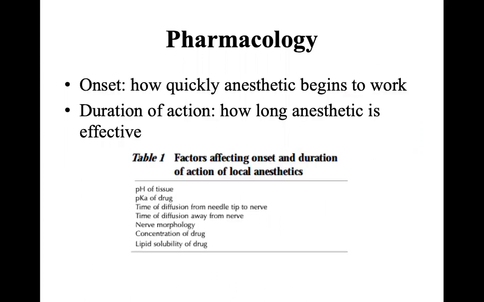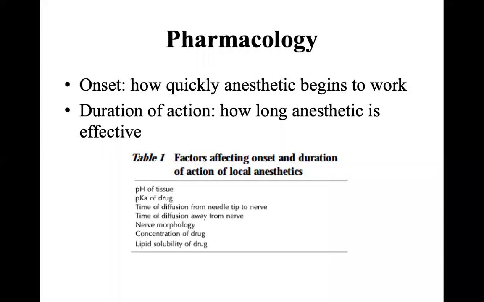A couple of terms: onset is how quickly an anesthetic begins to work, and duration of action is how long an anesthetic is effective. The onset and duration of action are influenced by factors that are listed in this table below. The pH of a tissue, which is influenced by infection, is very important in determining the onset of a local anesthetic.